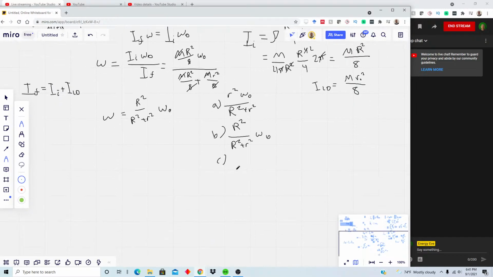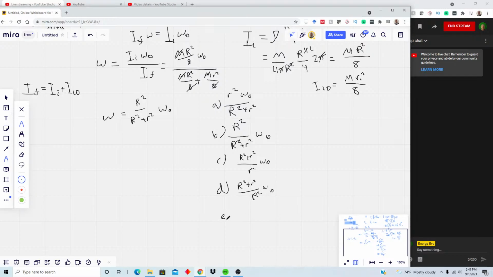C: big R squared plus little r squared over r squared omega naught. D: big R squared plus little r squared over big R squared omega naught. E: omega naught. So from what we got right here, we can see that it is B.